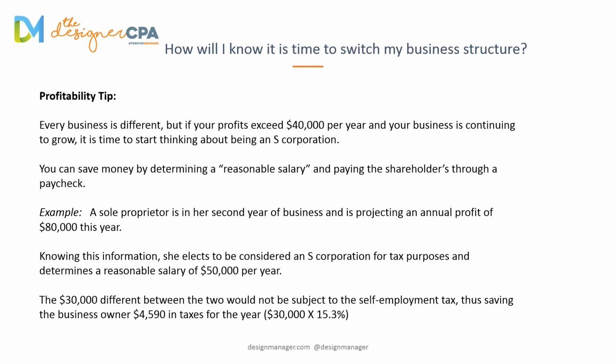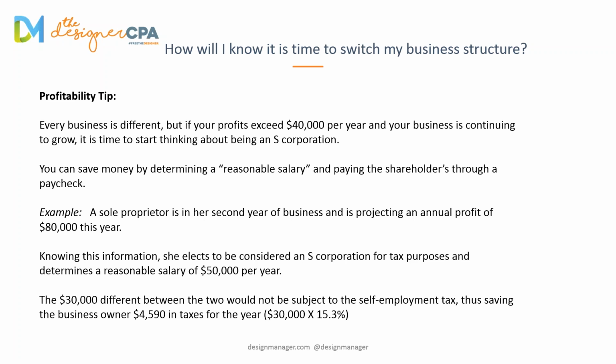So before I go any further, if you're listening and you're reading that and you're like, okay, what does profit mean? How do I know if my profits exceed $40,000 per year? First of all, you can look at the profit and loss or the income statement report that's in Design Manager, and that will show you what your net income or your profit is.